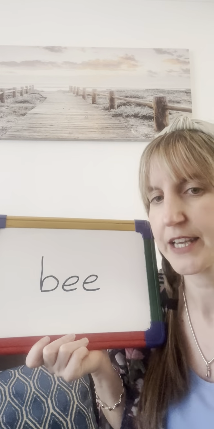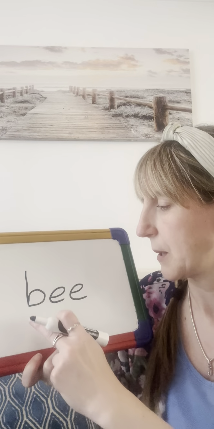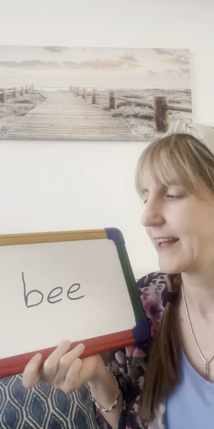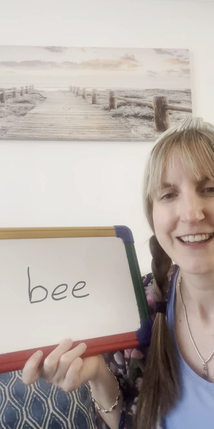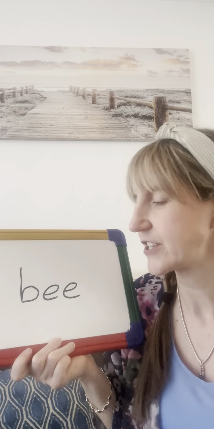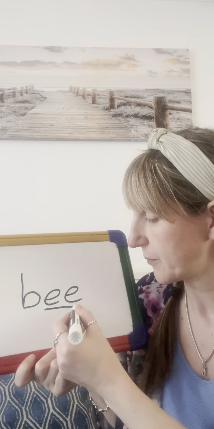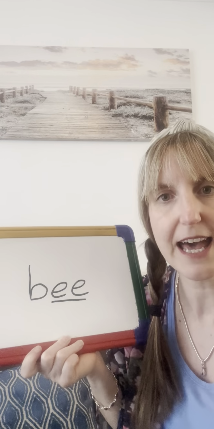So say, for example, I write this word down and I say to a child, can you tell me what this word says? And they say, b, e, e, and you say, can you spot a digraph? And the digraph is ee. Yes, look, so we can underline the digraph to help them.